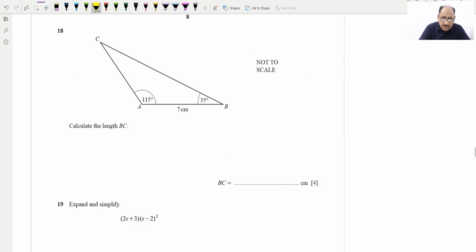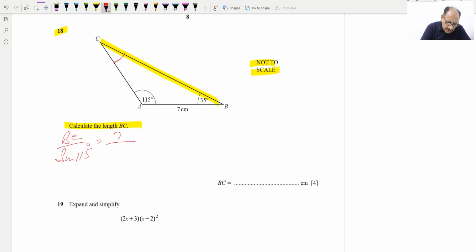Now question number 18 says the diagram is not to scale, calculate the length BC. BC is the length which we need to calculate. How will we calculate BC? We can apply the sine rule. So BC over sine of 115 degrees is equal to 7 over sine of this angle.